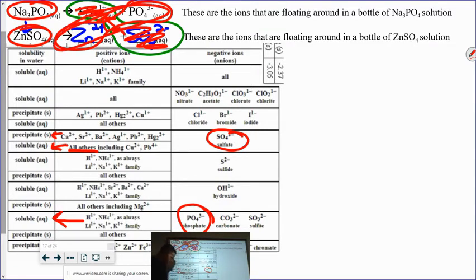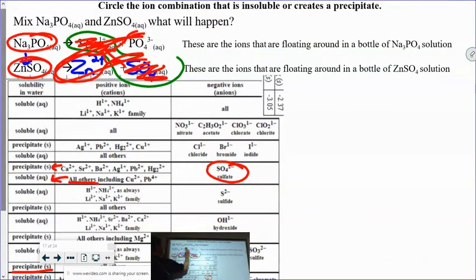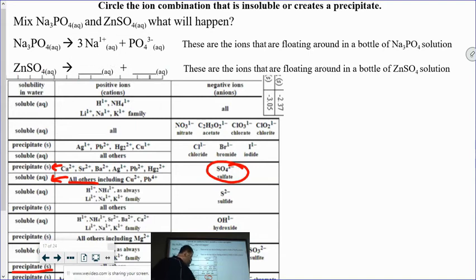So zinc would be part of this all others group, and there we get a precipitate. So our precipitate, according to this chart, again, we had Zn2 positive here, is the combination of the zinc ions with the phosphate ions. That's what we are finding out.